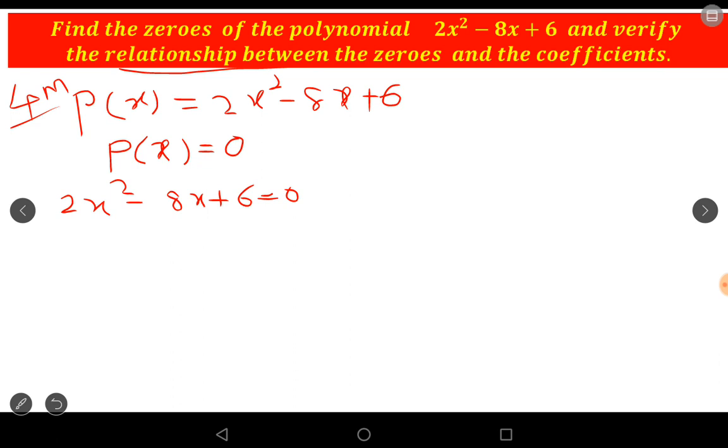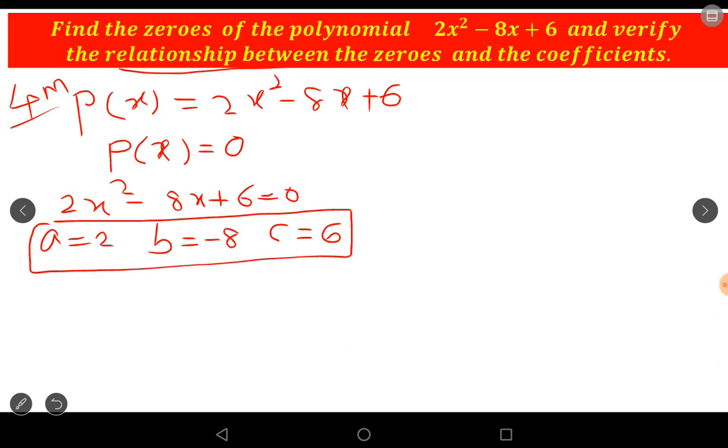Next, compare with the general form. Here x square coefficient is a equal to 2, x coefficient is b equal to minus 8, and constant c is equal to 6.